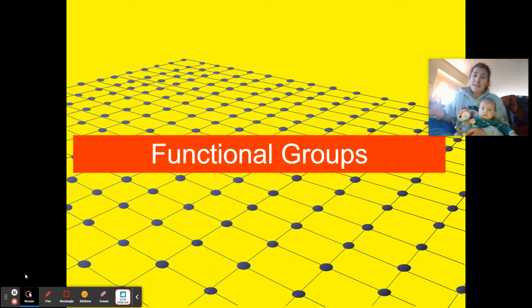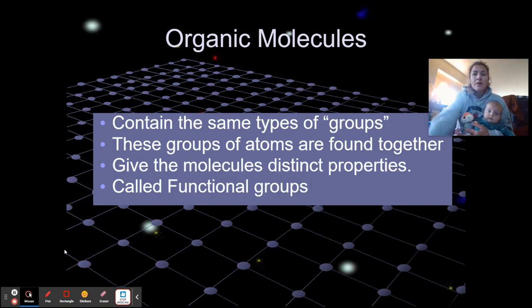All right, so the next part of this intro to biochem is discussing different functional groups. A functional group is a predictable arrangement of molecules or atoms that make a group that has a very distinct property.